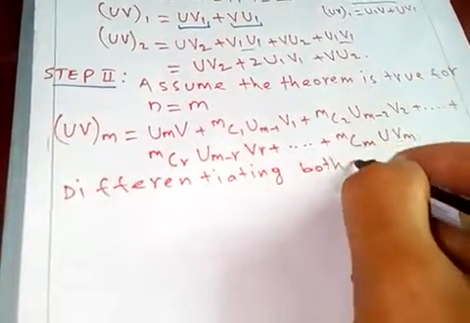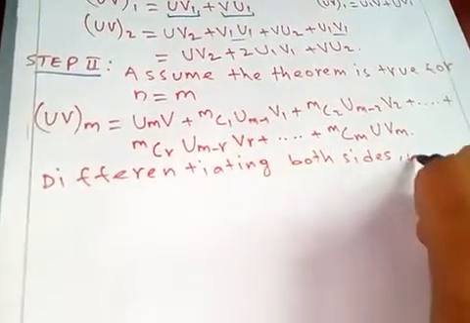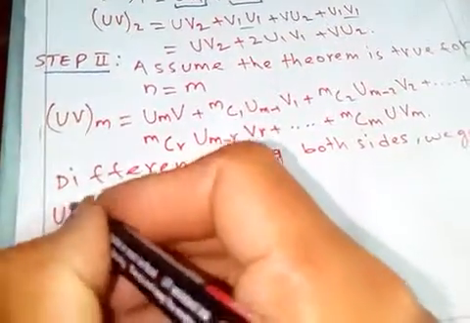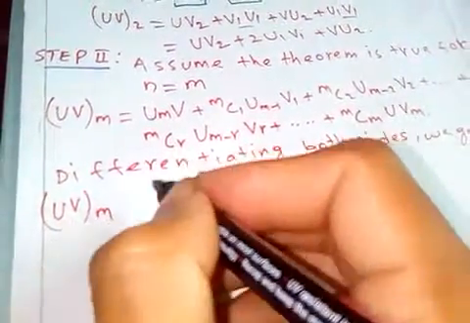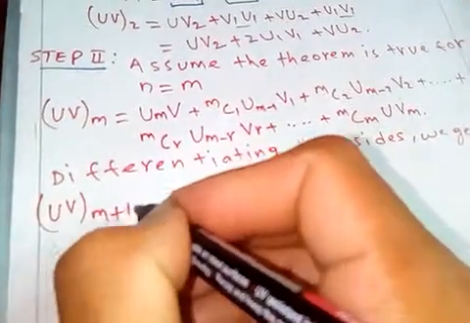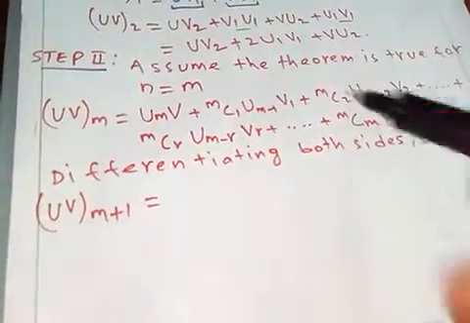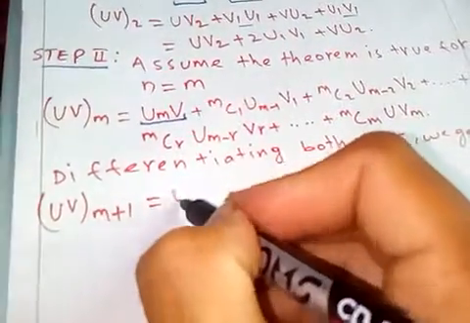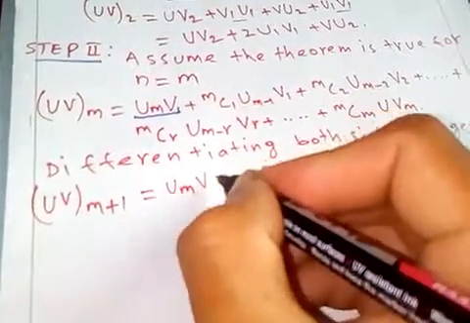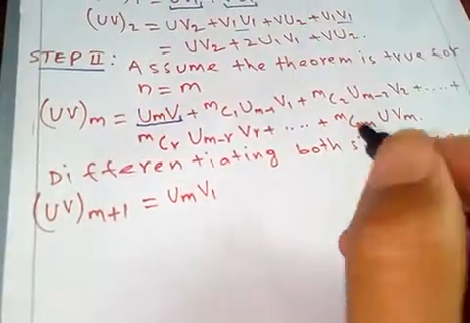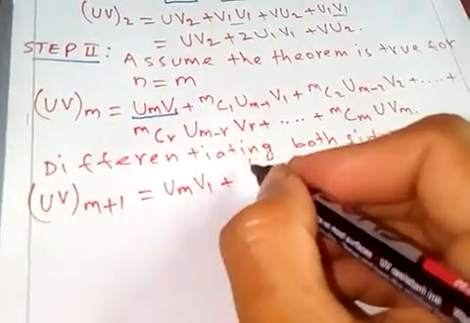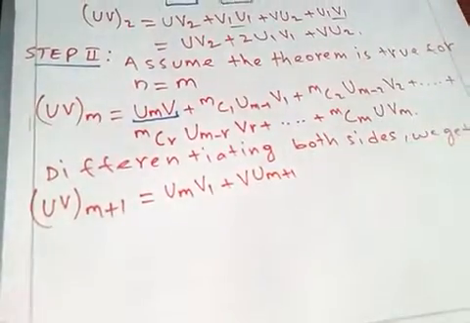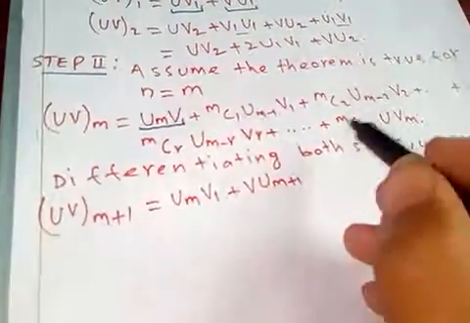Differentiating both sides, we get (uv)_(m+1), since we take one more derivative. In the first term you get two functions: first function u_m, second function v_1, plus second function, first function, which comes from this one.